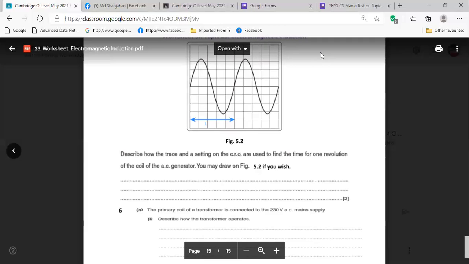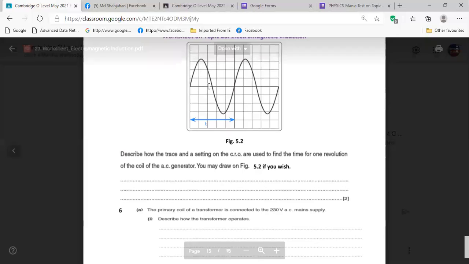The first point is to measure the number of divisions for a complete cycle. There are two halves: one is the positive EMF side and one is the negative EMF side. One, two, three, four, five: 5 divisions. These squares are called divisions.